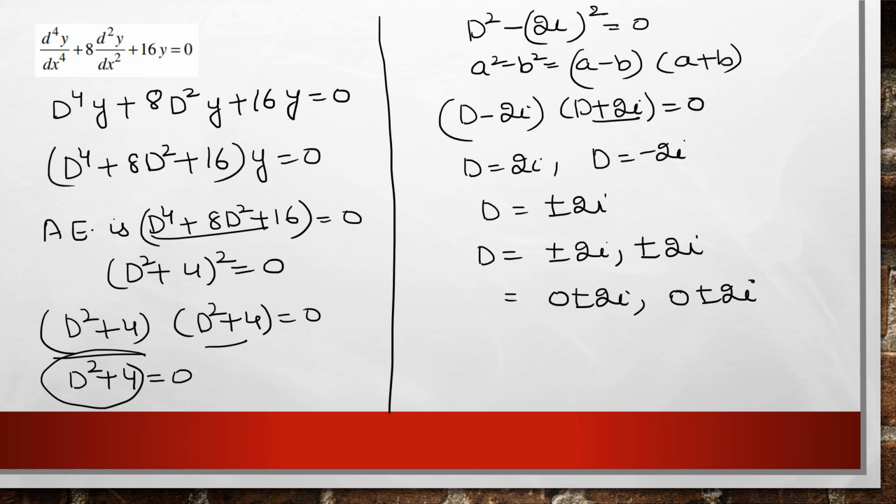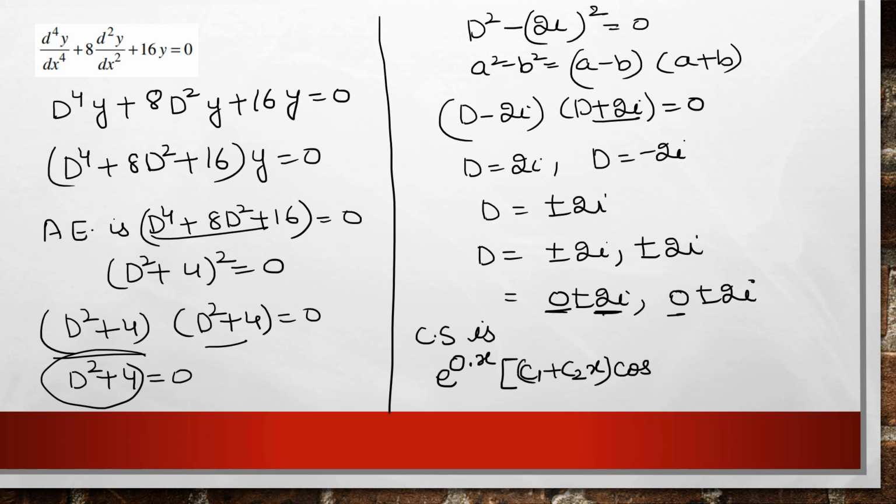Now how to write the complementary solution? So because we are having 4 roots here, so first thing is e power your real part is 0, into independent variable x here, into c1, okay, plus c2, because this is repeating 2 times, c1 plus c2 x, alright, cos imaginary part.